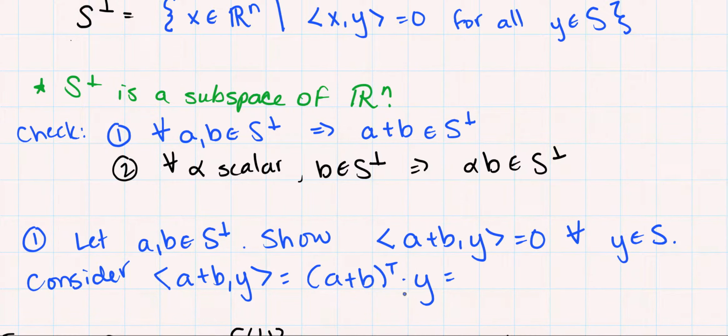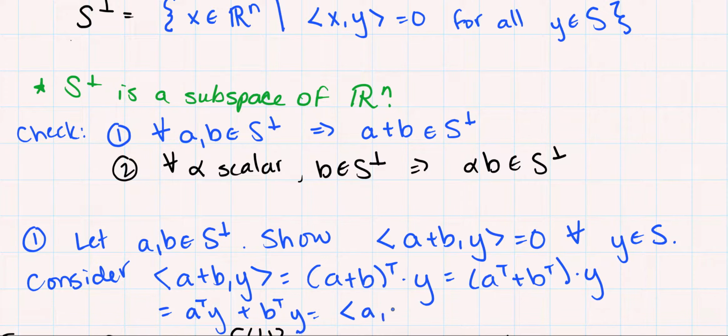And we know that the transpose distributes, so this is now (a transpose plus b transpose) times y, which is equal to a transpose times y plus b transpose times y, which is the scalar product of a with y plus the scalar product of b with y. And now we know, this is something we assumed, that a and b are in S perp.